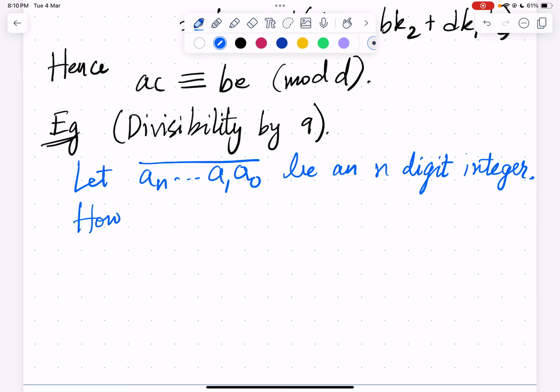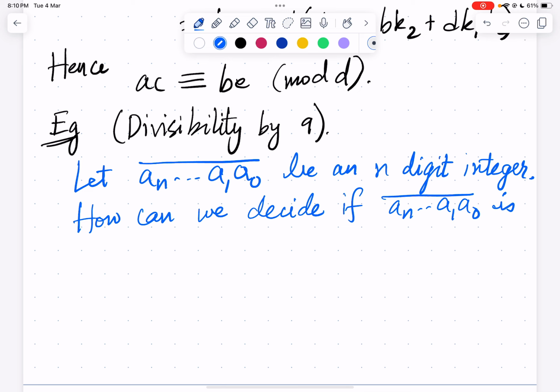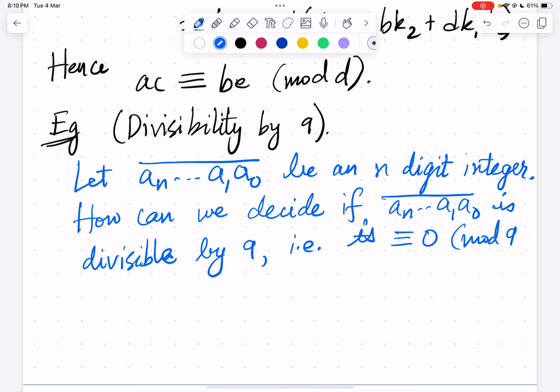How can we decide if the n-digit integer is divisible by 9, that is, congruent to 0 mod 9? How can we decide if the integer is 0 plus a multiple of 9?